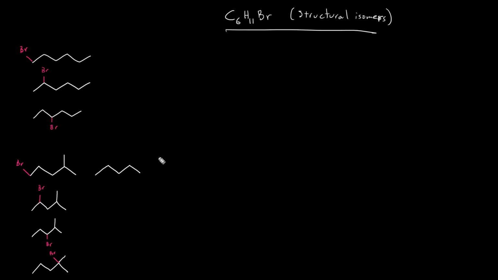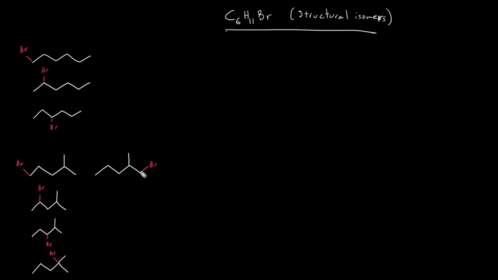Notice how I'm leaving a lot of empty space because I don't know where this ends, right? We're just going to keep going until it does. I could put that bromine on the first carbon. Now you might be saying, Mr. Pendola, why would we do that when we already put it on the carbon at the end here? Well, because of this methyl group, those carbons are actually different.